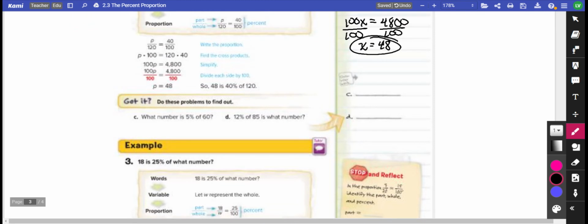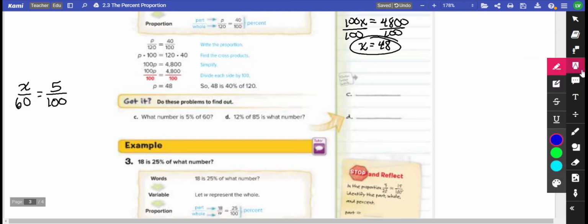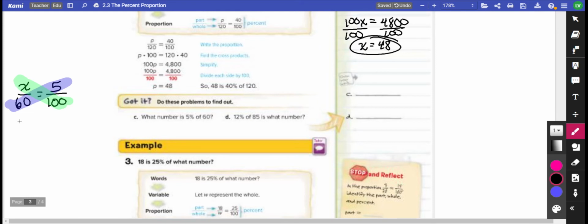What number is 5% of 60? So I'm going to show my work to the left. I'm going to set up my ratios. I know that the right side is going to be my percent out of 100. So it's 5% out of 100. We're going to find the part, which is our x, out of 60. Then I'm going to cross multiply. 60 times 5 equals 100 times x.